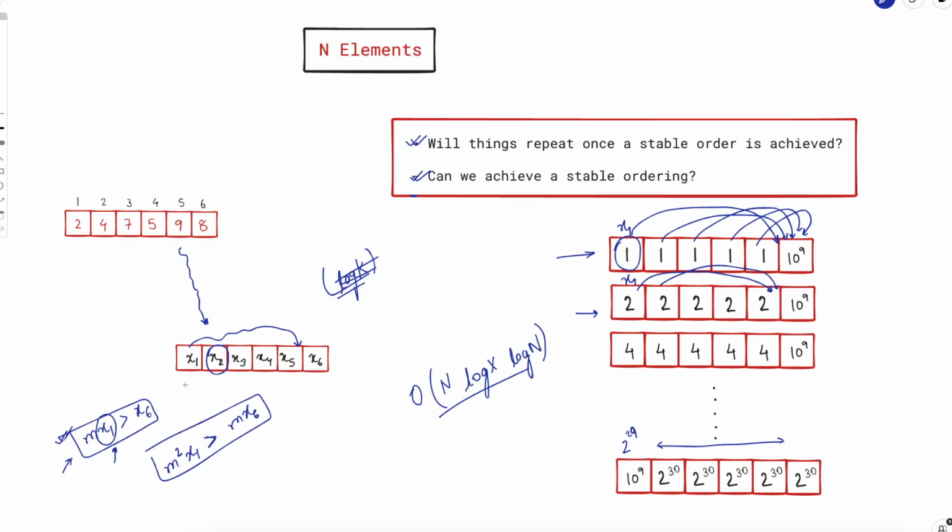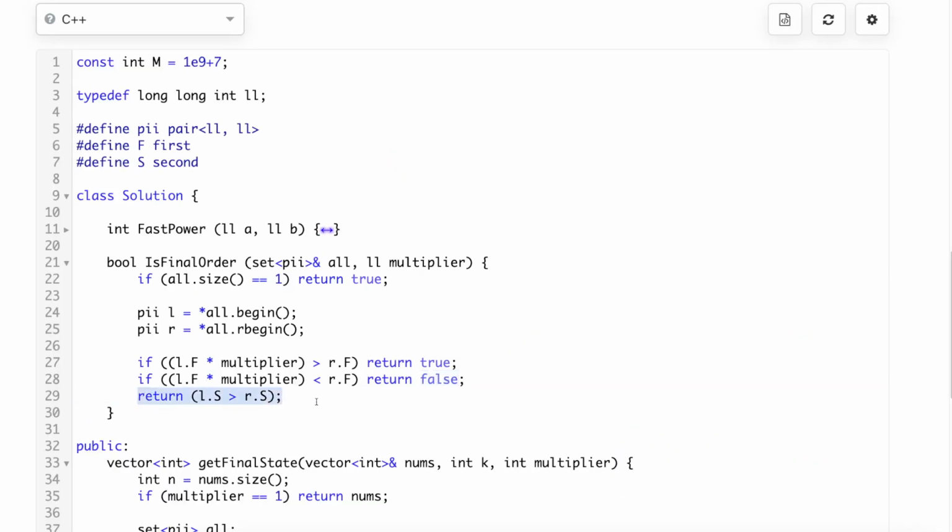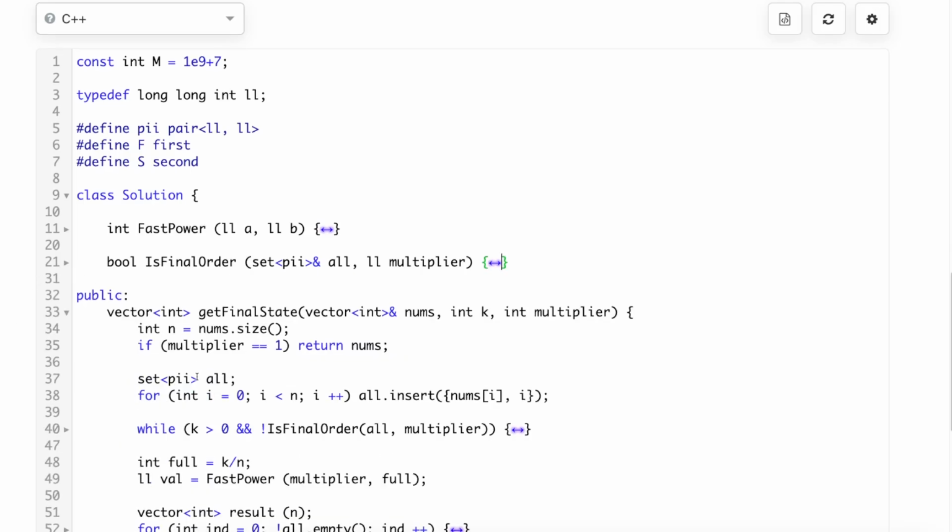So let's say this was the index I1 and this was the index I2, and let's say x1 was equal to x6 as well. So in that case, I1 should be greater than I2. That's how it will go all the way back. Otherwise, it will come somewhere between, right? So that's what we are doing. If it is greater than that, then only we will continue. Otherwise, we'll return false. So that's the entire algorithm.